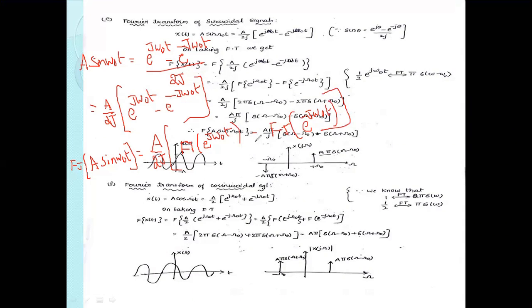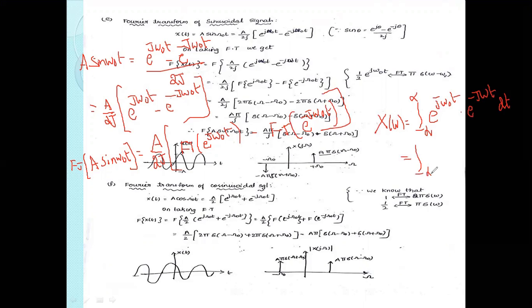Let us take the Fourier transformation of e power j omega naught t. Take the definition of the Fourier transformation: X of omega is equal to the integral from minus infinity to infinity, and you can substitute e power j omega naught t into e power minus j omega t dt.